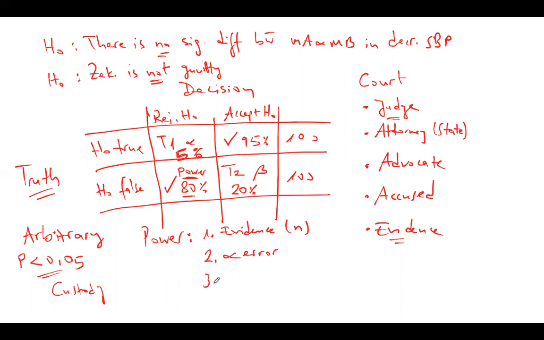The third factor affecting the power is the variability, the variation. This we call the standard deviation in statistics, the variation between the cases. For the court, I can explain this variation. Imagine a person is brought to you from a village where everybody is innocent.